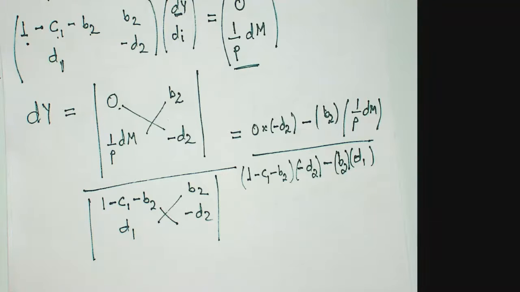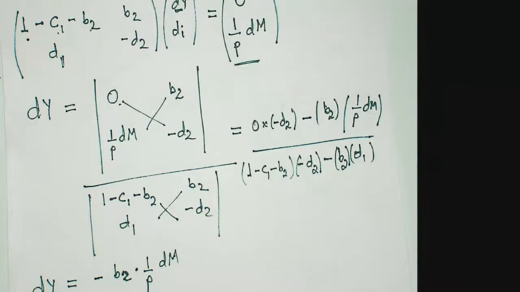So simplified, we would have dy is equal to minus B2 multiplied by 1 over P dm, divided by 1 minus C1 minus B2 multiplied by minus D2 minus D1 B2.